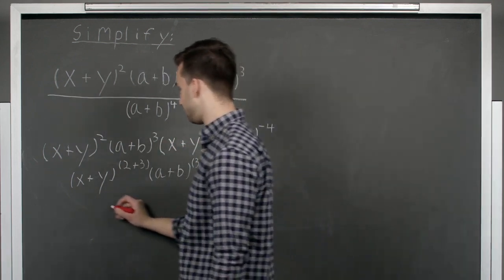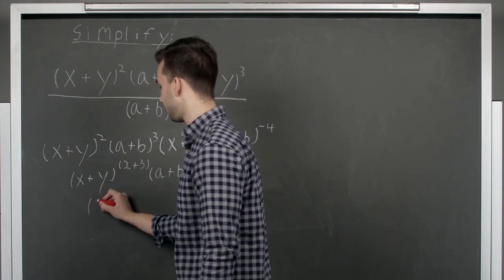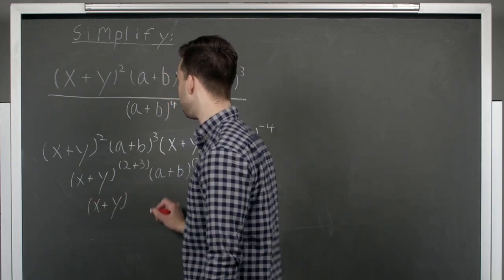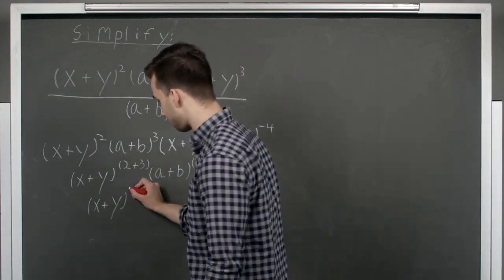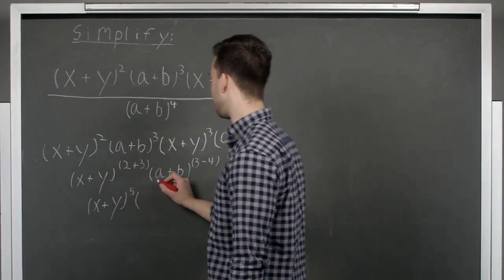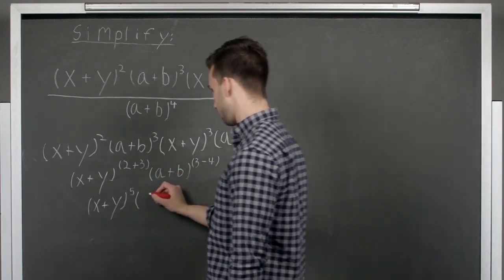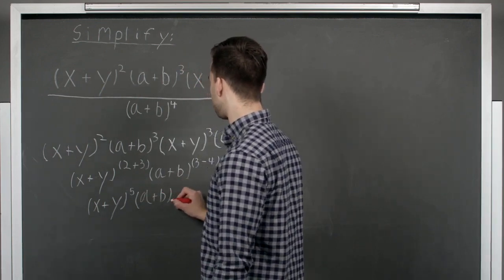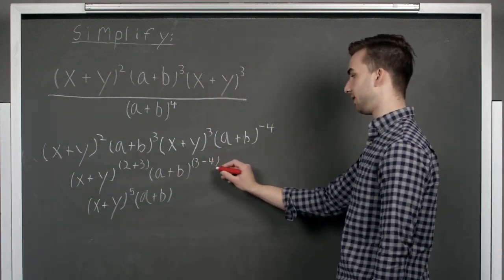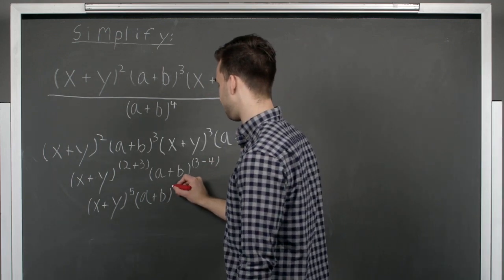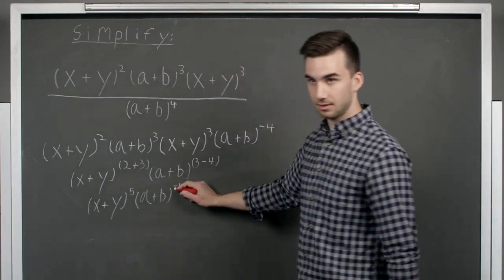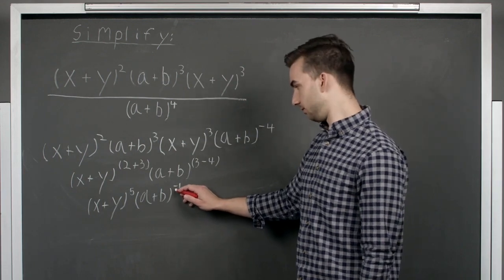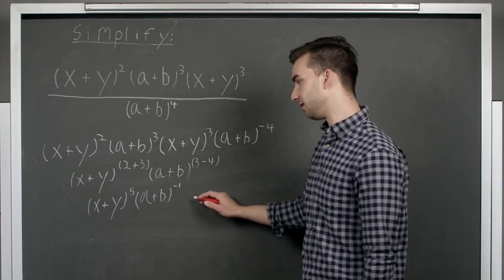Perfect. Now let's finish simplifying it. (x + y) to the power of 5 times (a + b) to the power of 3 minus 4, which is negative 1. So we're not going to leave this in our final solution, so we will just have to put it underneath the fraction bar.